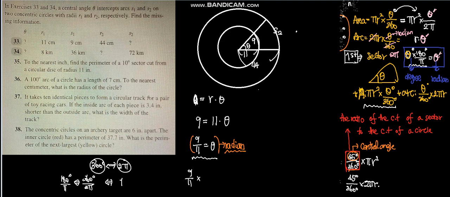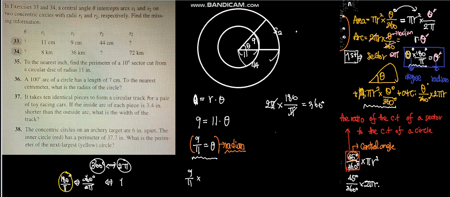So let me clarify because I cannot delete this anymore. Going from here to here, you need to multiply this value, right? So 2 pi multiplied by 180 over pi, then you have 360, and you get the degrees.